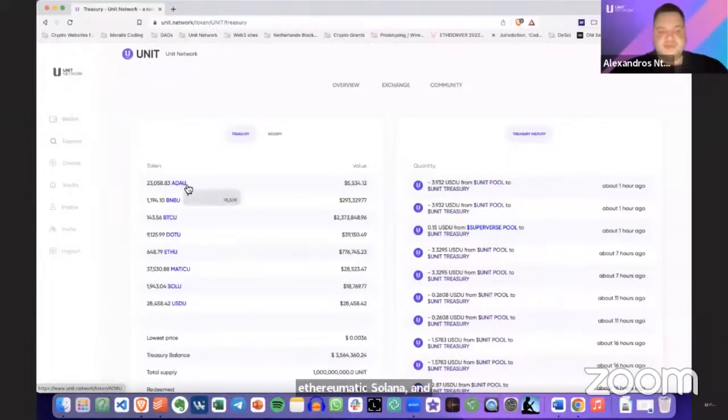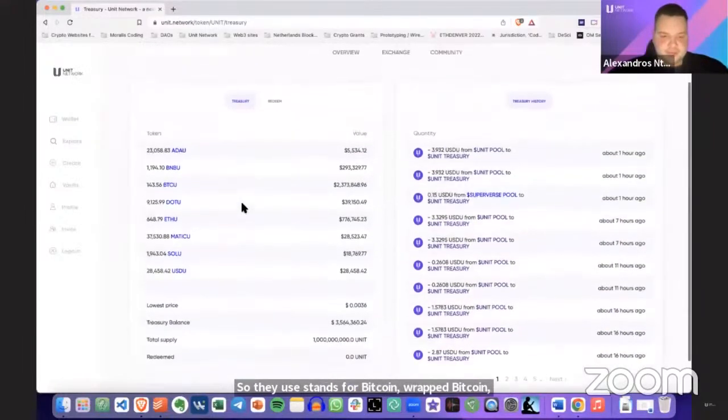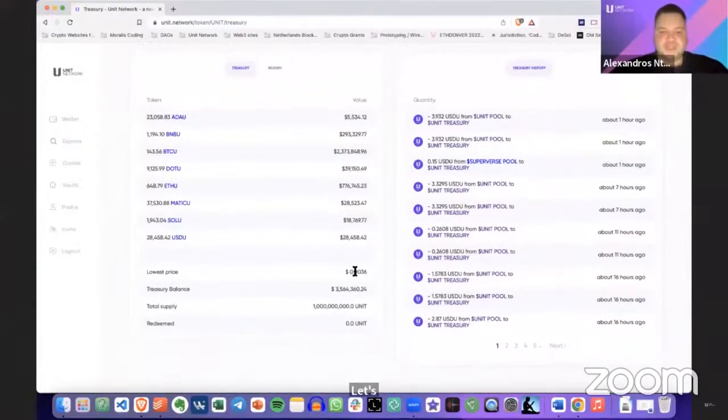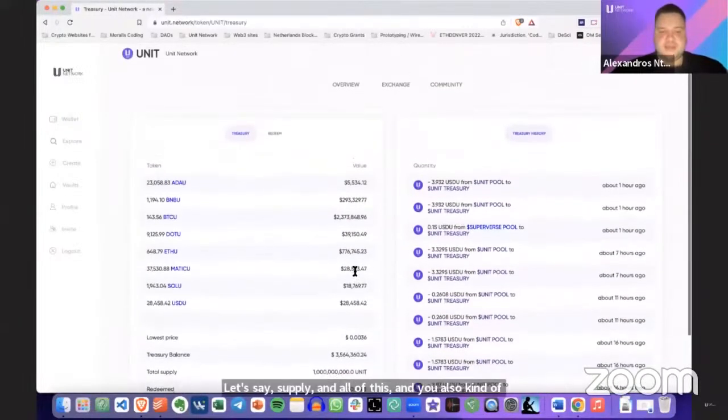The U means that, because Bitcoin has its own blockchain, in order to transfer it to our own blockchain we have to, at least for the moment, wrap it. So the U stands for wrapped Bitcoin. And here you can still see the whole supply and all of this. You can also see the lowest price here.